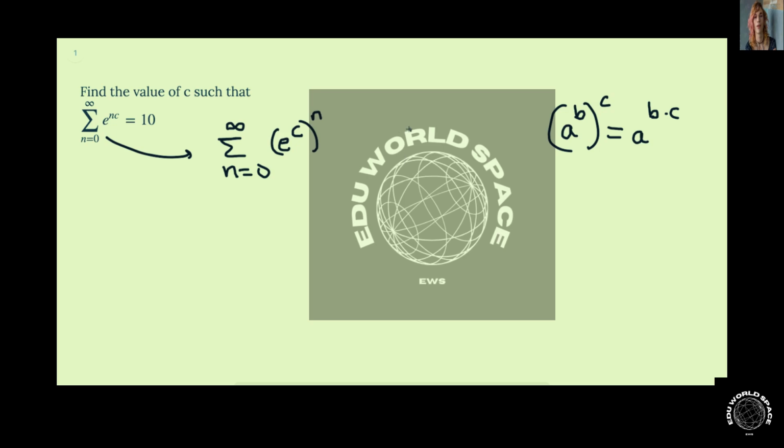So this is geometric with r equals e to the c. That's the thing that's being raised to the n power. And this thing won't converge for all c, but it will converge for some c, because here absolute value r is e to the c, and you could just write that as this because e to the x is always positive, so you don't have to worry about a negative sign.